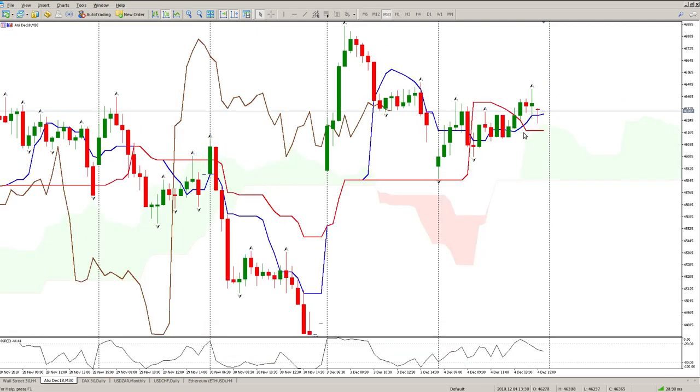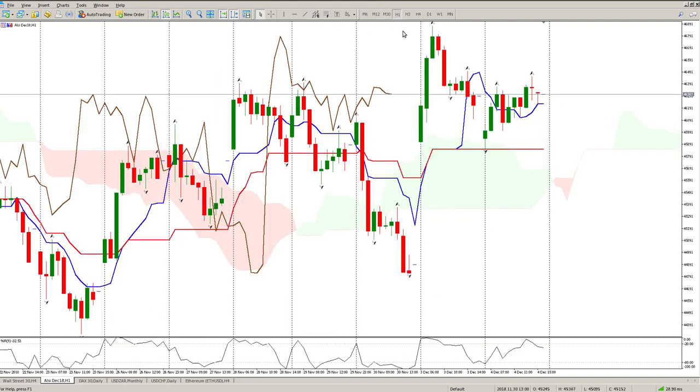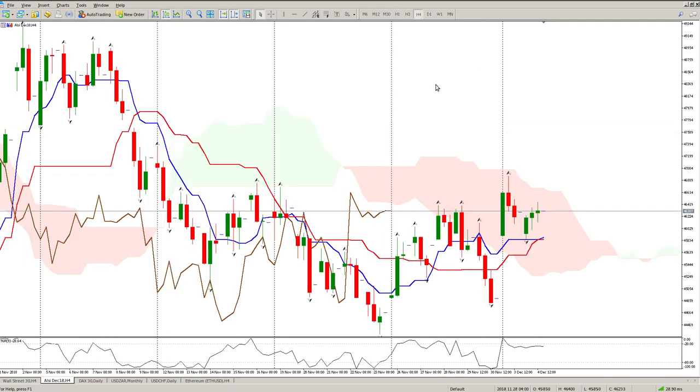So 30-minute, we've got a bullish crossover above a cloud. So all of that is giving us a bullish signal. 1 hour, bullish signal. And you can see how Kijun-sen here is the level we need to watch. And if we go to the 4 hour, we've just had a bullish, we had a come together and still bullish.